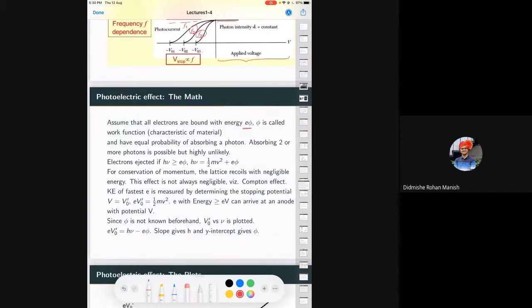Which means that the total energy of the photon is used to overcome the binding energy E phi, and the rest becomes the kinetic energy. And it is this kinetic energy which determines how much stopping potential is necessary to stop this electron.